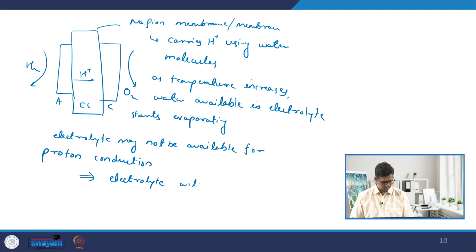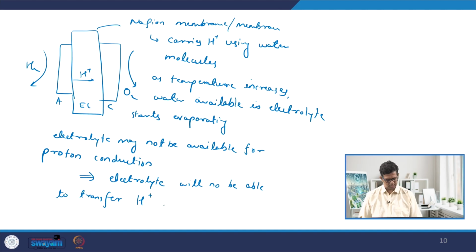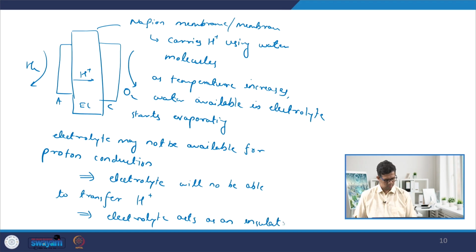Electrolyte will not be able to transfer the protons, H+. So, that implies this electrolyte acts as an insulator for the protons.